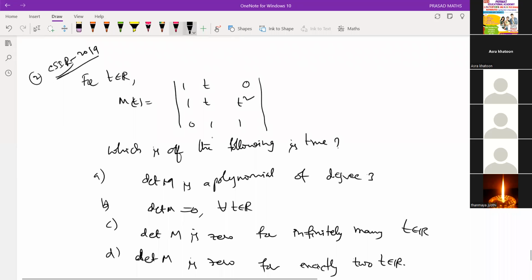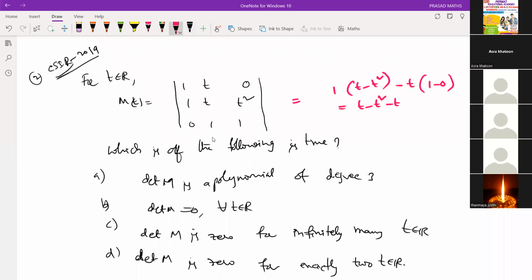Compute this. This is exactly 1 into t minus t square minus t into 1, 1 minus 0. This is nothing but t minus t square minus t. It is a polynomial of degree 2.